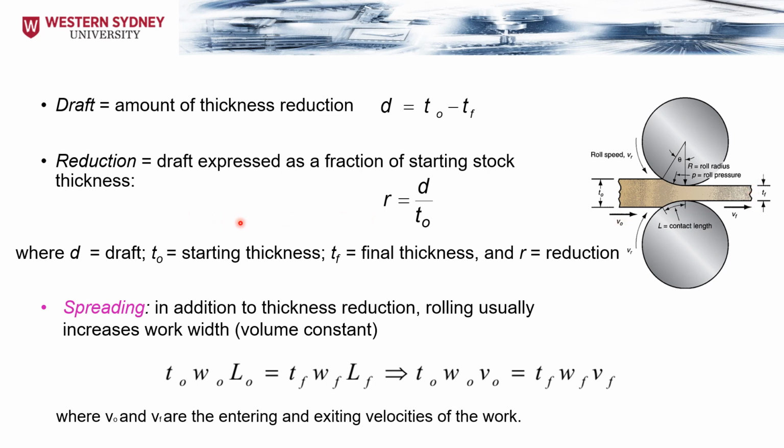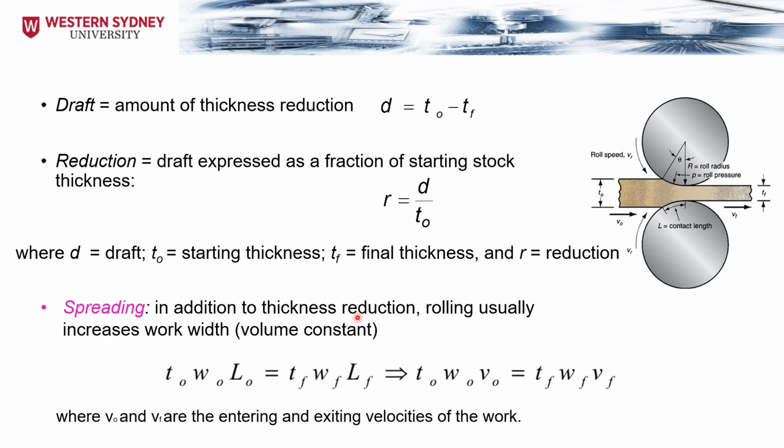The other term is the reduction. Reduction is the draft expressed as a fraction of the starting stock thickness. So the reduction value is equal to the draft divided by the original thickness.